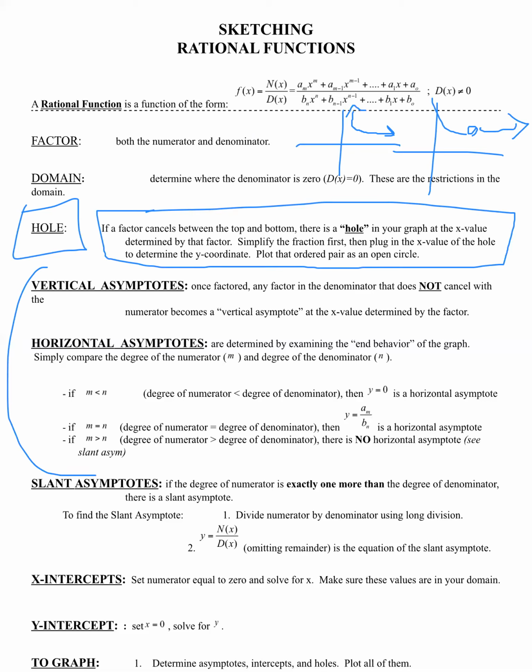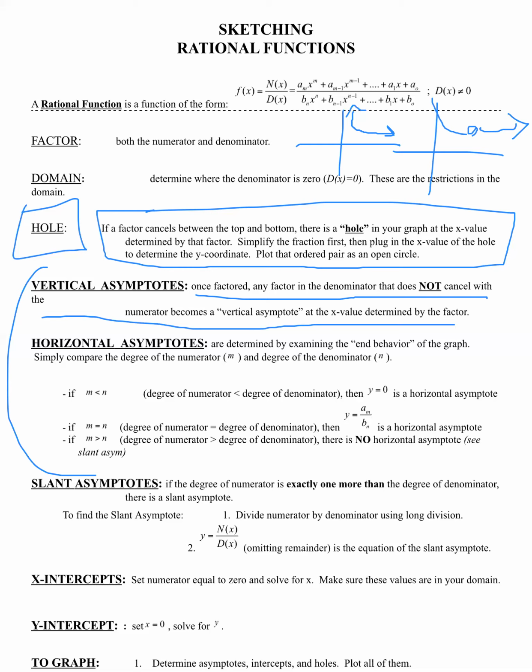So we have mentioned these in the past. Remember, an asymptote is a line that a graph gets infinitely close to but never actually touches. So it'll just approach those lines, and you can have them vertical and horizontal. For the vertical ones, once factored, any factor in the denominator that does not cancel with the numerator becomes a vertical asymptote at the x value determined by the factor.